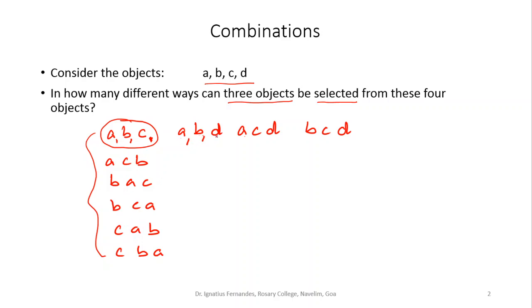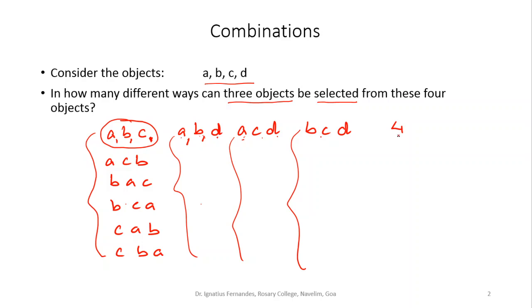The same way, A, B, D in permutations would have given me another 6 arrangements, but now in combinations we are just selecting here, order is not important. So finally I have A, B, D. The same way A, C, D would have given me another 6 different patterns, and the same with B, C, D. So all those 24 arrangements in permutations, 6 plus 6 plus 6 plus 6, now correspond to only 4: ABC, ABD, ACD and BCD.